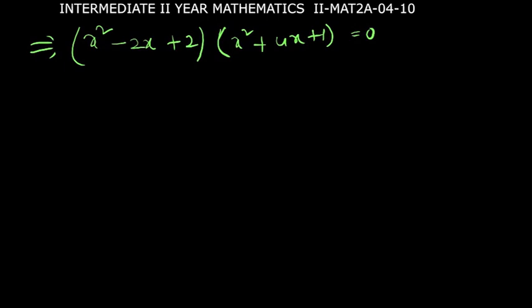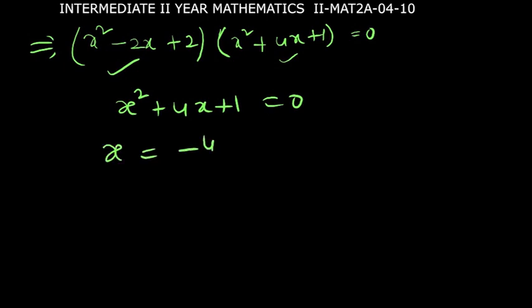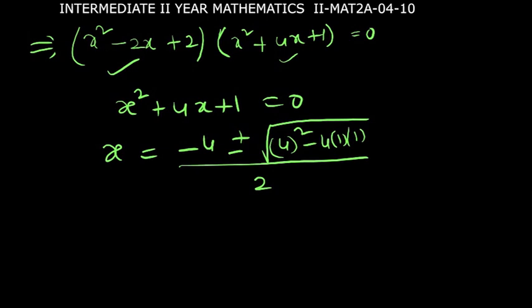Now we know the roots of this equation. We have to find out the roots of this quadratic equation. x square plus 4x plus 1 is equal to 0. So what are the roots? x is equal to minus b plus or minus under root b square minus 4ac by 2a. So this is equal to minus 4 plus or minus under root 16 minus 4 by 2.